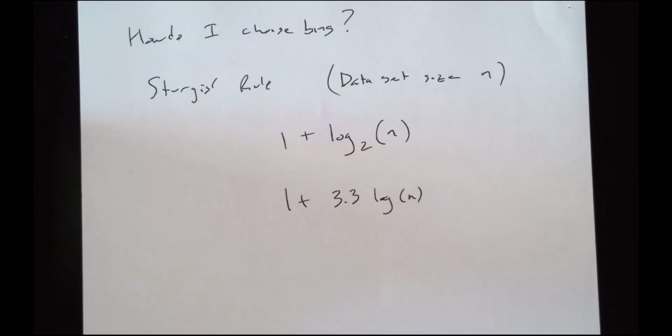3.3. How many data values were in our data set, the one we're just looking at? The customer spending data? 20. So that's my n. So tell me, according to that, how many bins should I have?